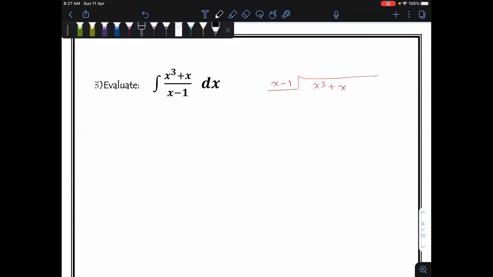The problem here is that you have x minus 1 as a common denominator for both x cubed and the x. That's why you would like to separate this fraction into the sum or difference of two fractions. So the common denominator here is for this.